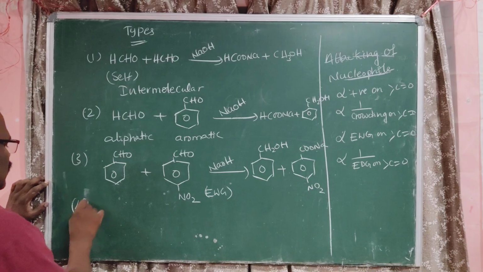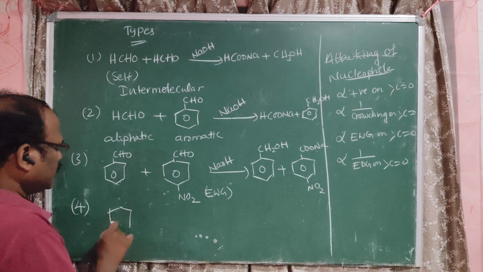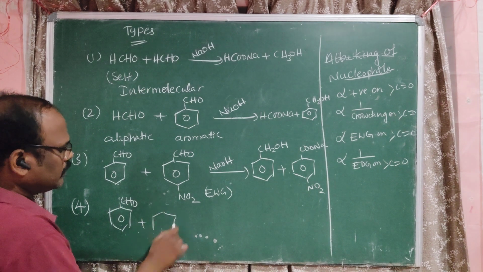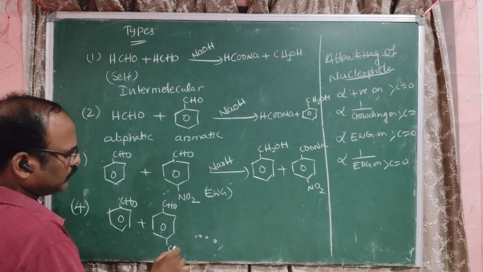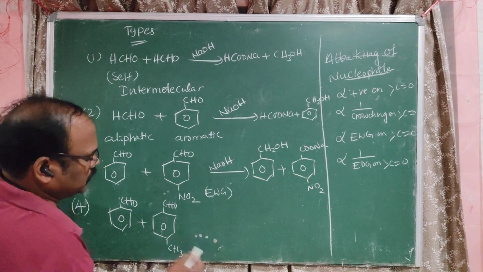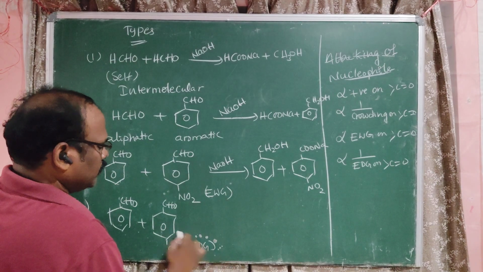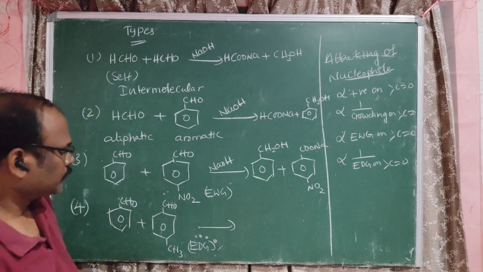And the last type. Here I am taking one benzaldehyde and a second benzaldehyde with an electron donating group at the para position. Methyl is the electron donor.